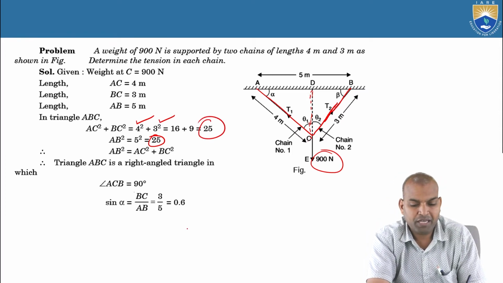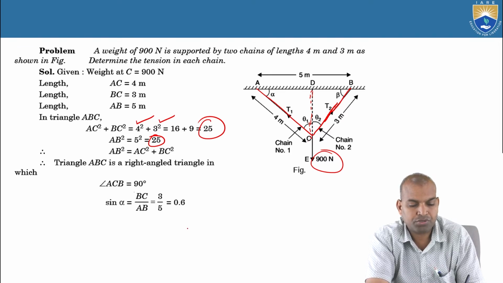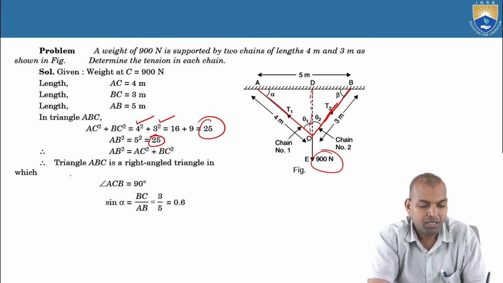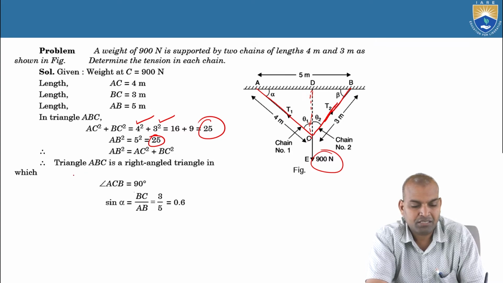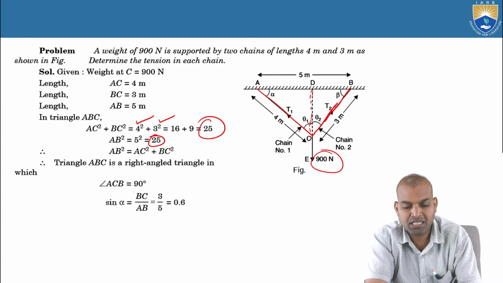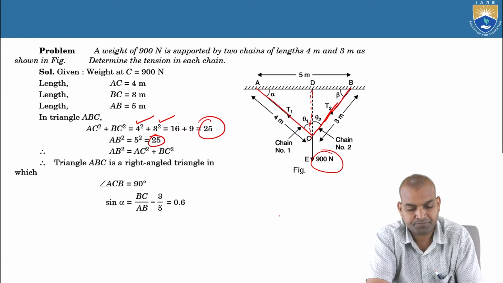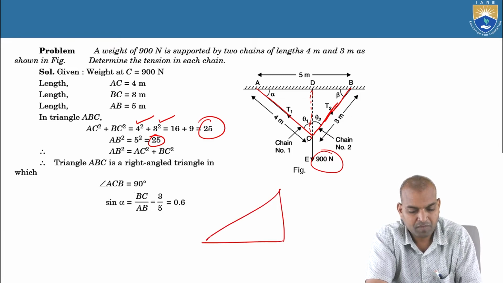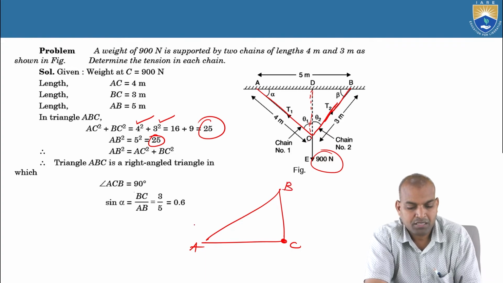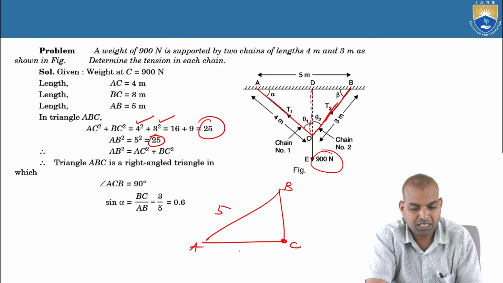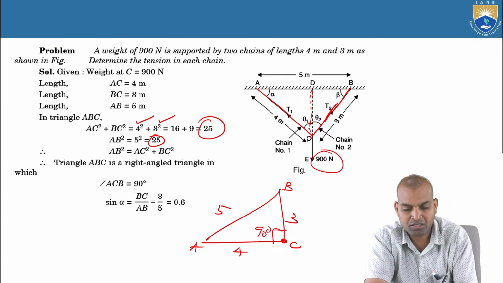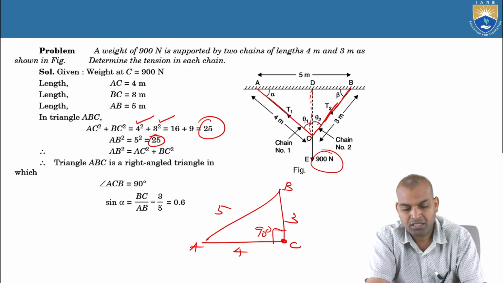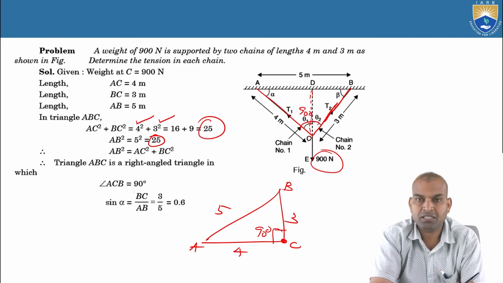So AB is the hypotenuse, the diagonal side, and the angle ACB at C is 90 degrees. AB is 5, AC is 4, BC is 3. So we got 90 degrees, yes, theta 1 plus theta 2 is 90 degrees.